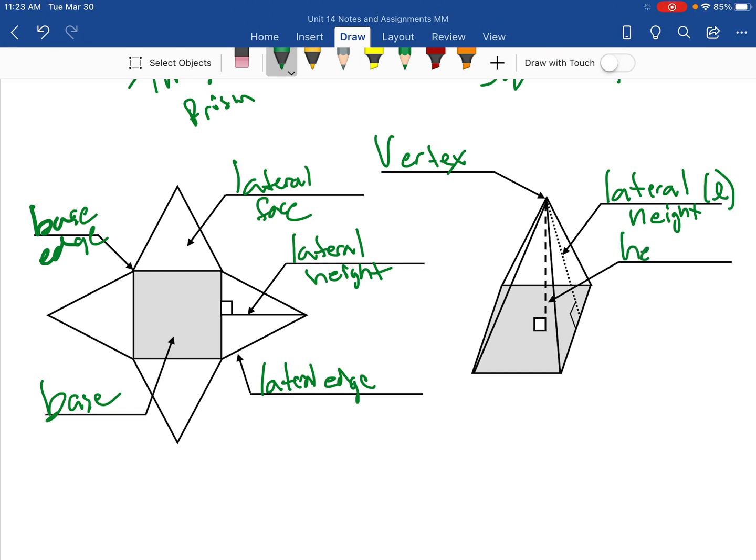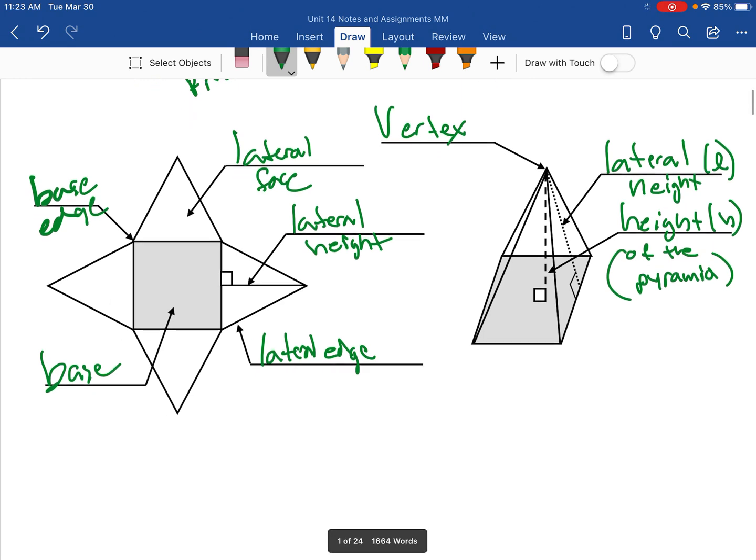This is simply called the height, and it represents the height of the pyramid. So you need to know what both heights are and which one to use where, because later on we're going to use both heights.